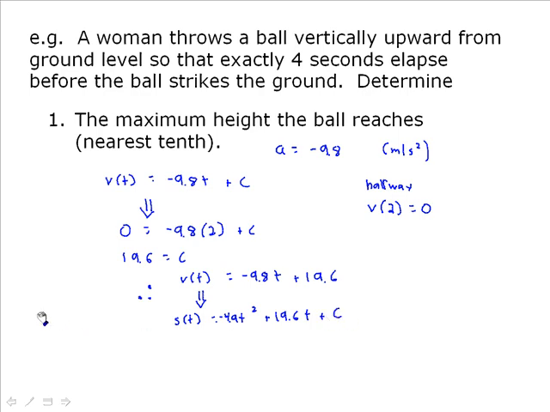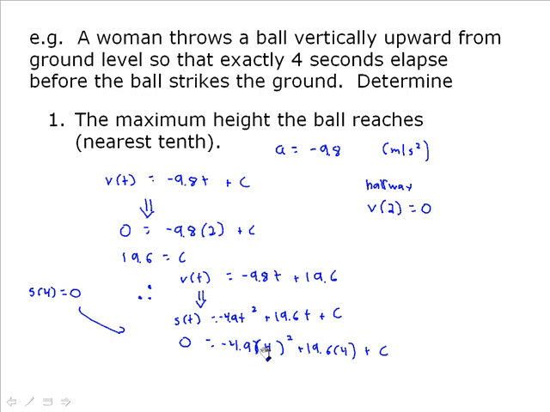And here we go back to the information that was given to get initial conditions, and it says that it strikes the ground 4 seconds afterwards. So this tells me that s(4) is equal to 0. So these initial conditions would allow us to go 0 is equal to negative 4.9 times 4 squared, plus 19.6 times 4, plus c.